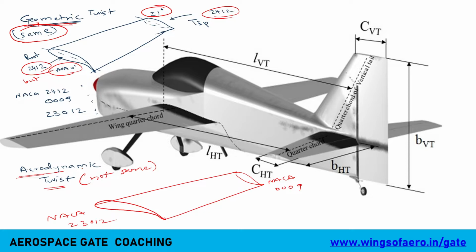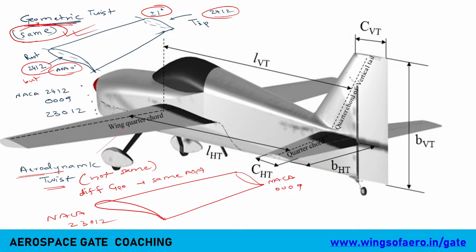It's going to be different. In geometric twist, we are using the same geometry but a different angle. Here we are using different geometry with the same angle of attack. That's the basic difference between the geometric twist and the aerodynamic twist.